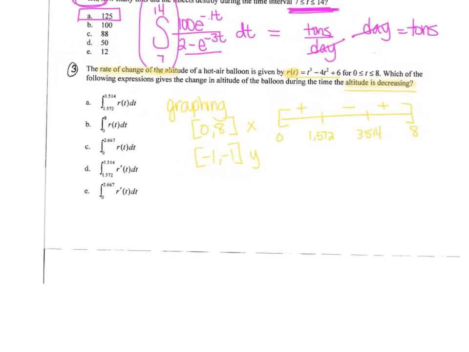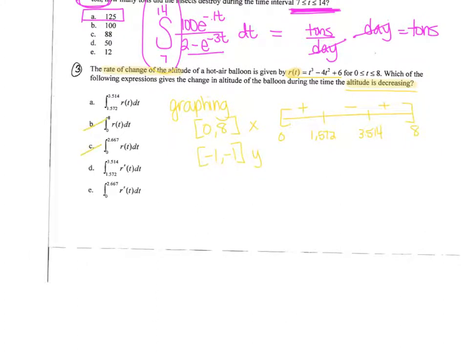So that allowed me to cross off B, C, and E. That's when the altitude is decreasing. Now, we want the change in altitude, okay? Think of change in position, right? Change in altitude, change in position.